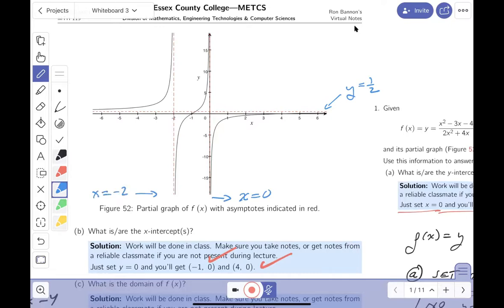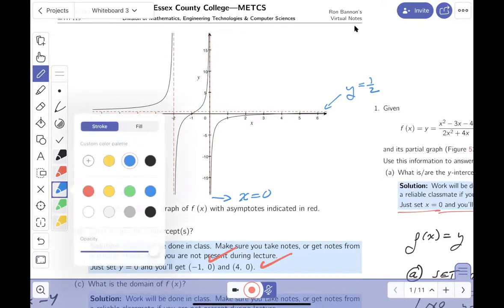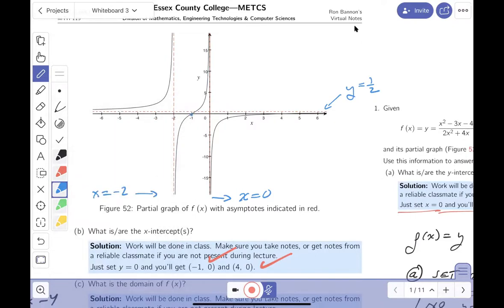All right. I also found two x-intercepts. And what were they? One of the x-intercepts was this one here. That was (-1, 0). The other x-intercept I found is (4, 0). All right. Remember, we did sign analysis. You may not remember that, but it should be in your notes over here.